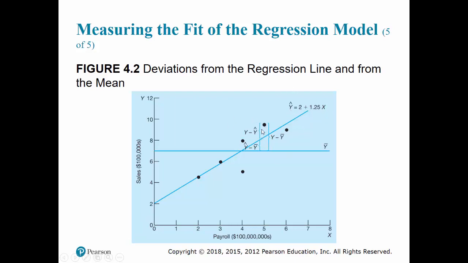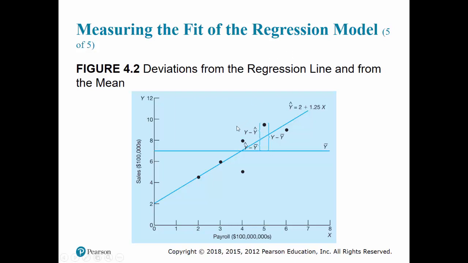If you ignore y hat and use y bar, then that would be your error. So your error is now gone down to just y minus y hat. The difference is now explained by the regression. The regression has explained that variation. That variation is due to my line, so it is no longer present in our estimate.